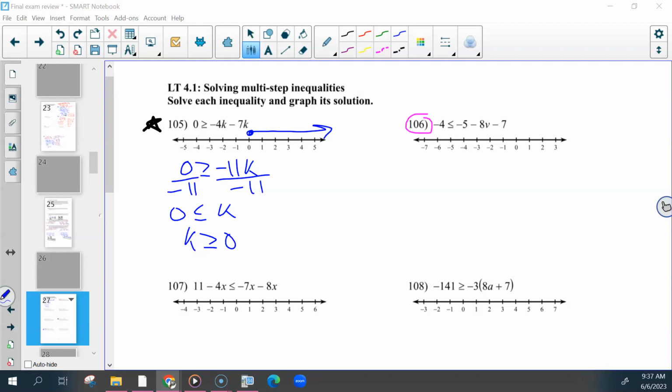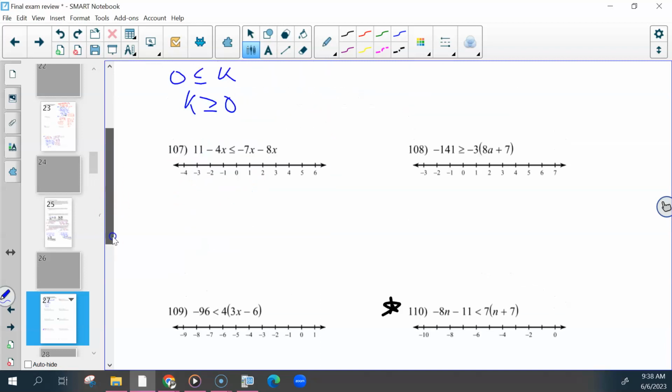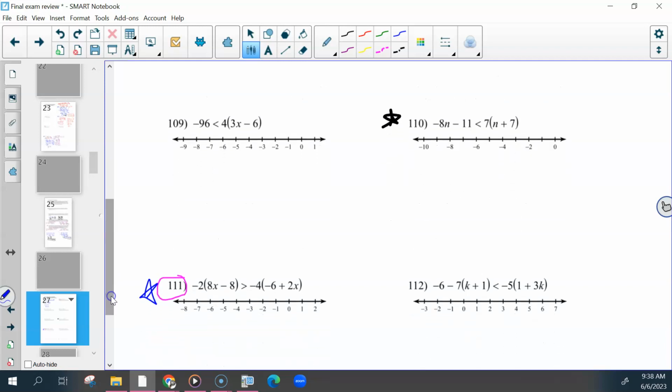Number 110. We would need to distribute first. Keep everything from the other side. And then, like our regular equations, move all the constants to one side, variables to the other. So let's say I got rid of 7n and added 11.